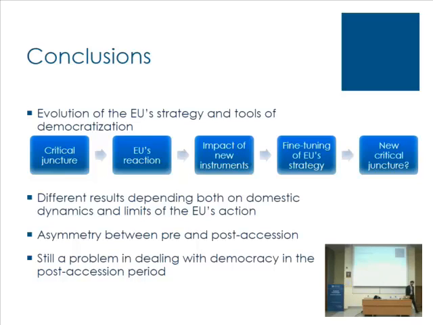The different results that we can see in the member states, of the EU influence, depend on the one hand on domestic factors, on the process-specific path of democratization, transition and consolidation. But on the other hand, the differences also depend on the limits of the EU action, the limits of the EU strategies, the limits of the EU tools.